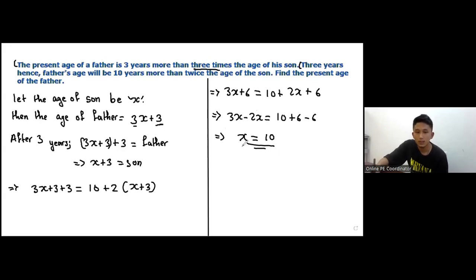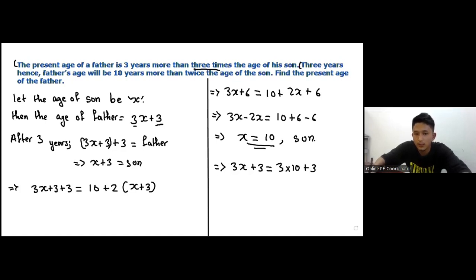X equals 10 is the present age of the son, and the question is asking us to find the age of the father. The father's age is 3x plus 3, which is 3 times 10 plus 3, that is 30 plus 3, which equals 33 years old.